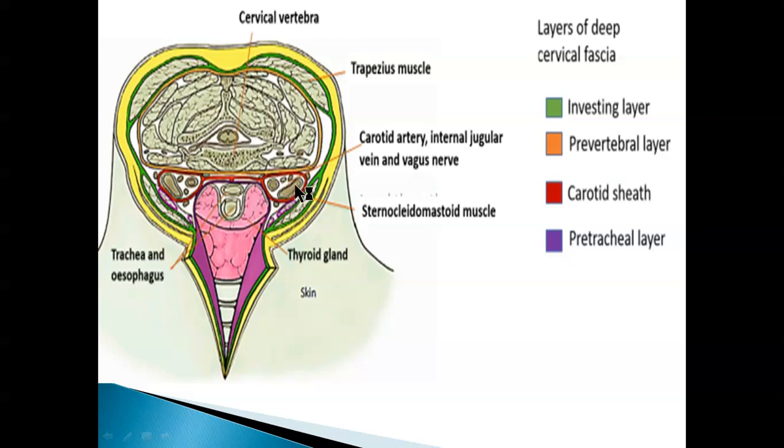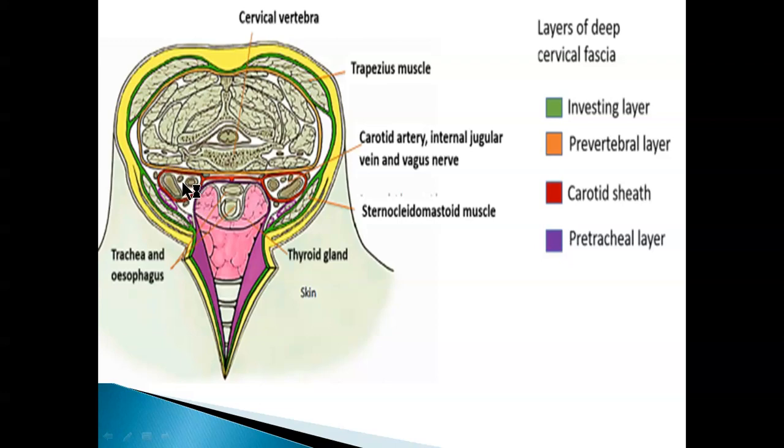Then we have the carotid sheath placed bilaterally in the neck over here, enclosing very, very important structures, neurovascular bundles: your common carotid artery, your internal jugular vein, your vagus nerve, everything enclosed in this carotid sheath.